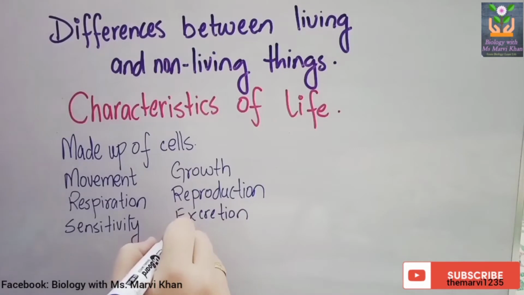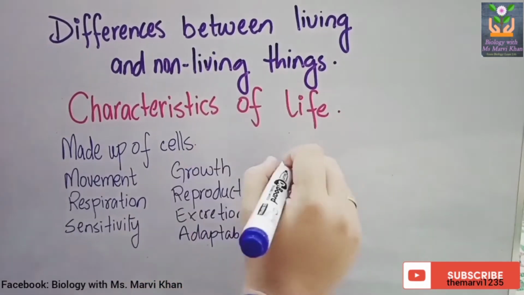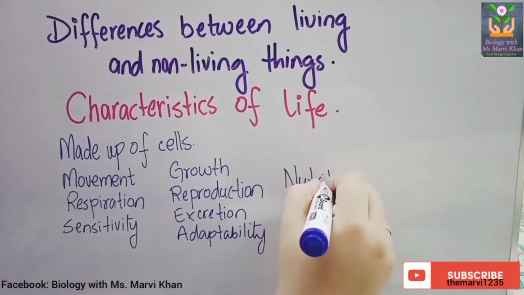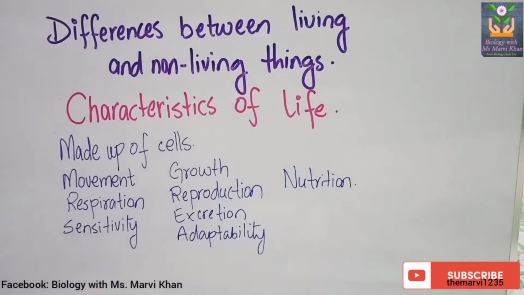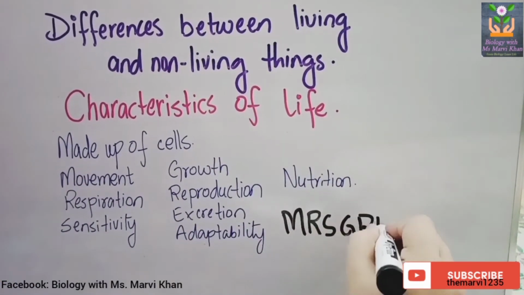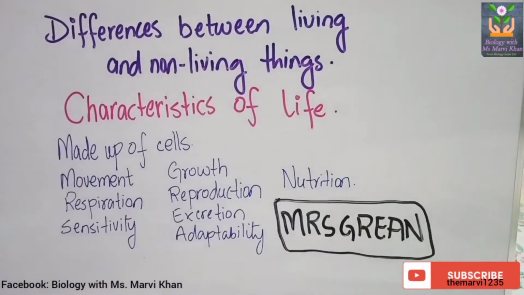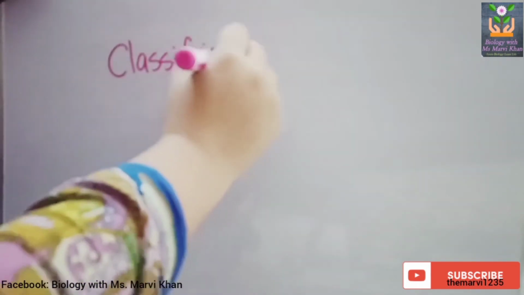They adapt to increase their chances of survival, and they gain energy and materials needed to make new living matter or protoplasm through the process of nutrition. Collectively, we can give an acronym for all these characteristics of life, which is Mrs. Green. These characteristic features distinguish a living organism from a non-living organism.